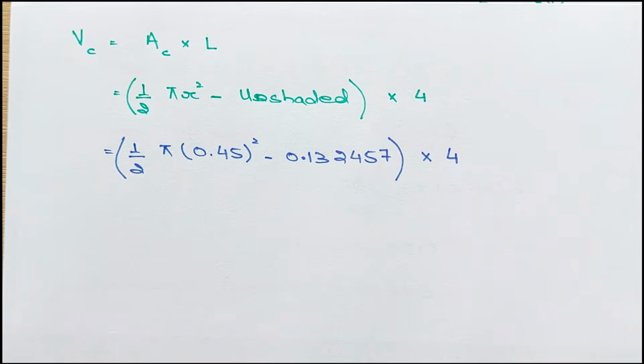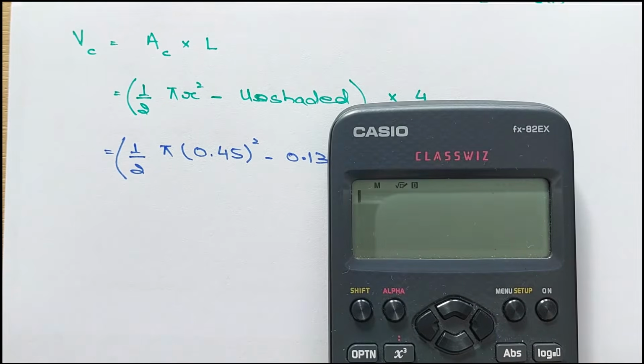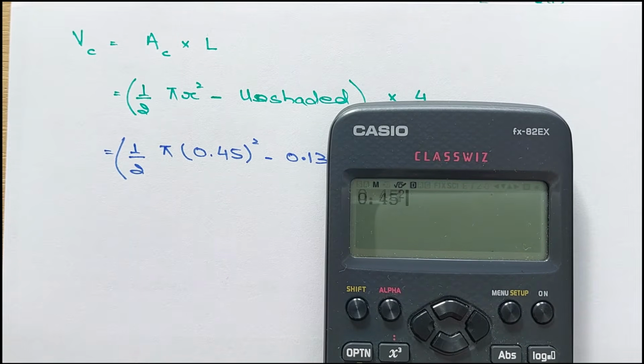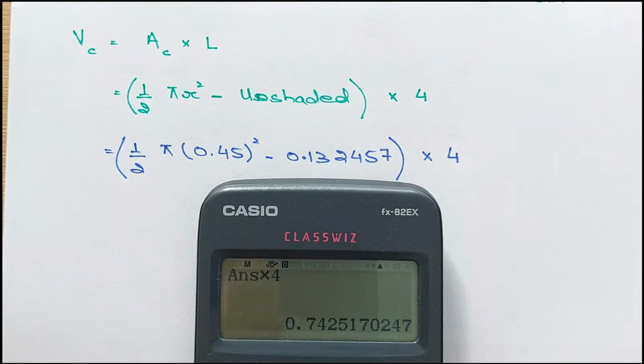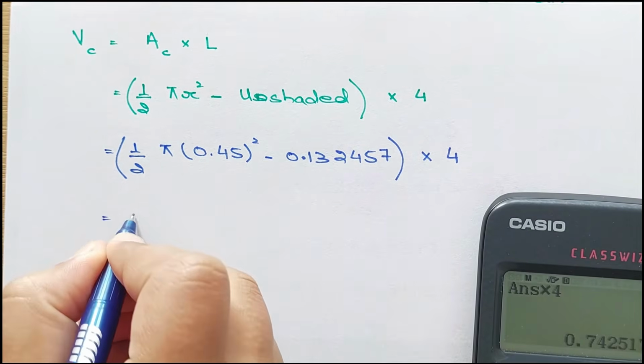Now let me simplify. We have 0.45 squared times pi and dividing by 2, subtract 0.132457 and times by 4. So this is 0.742.